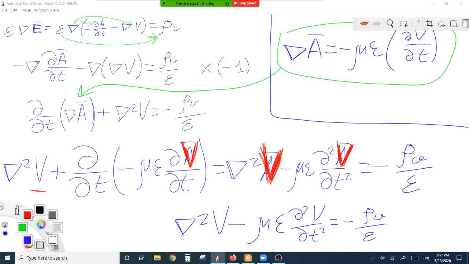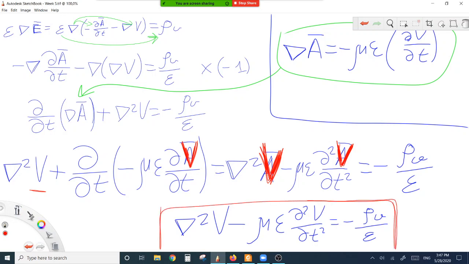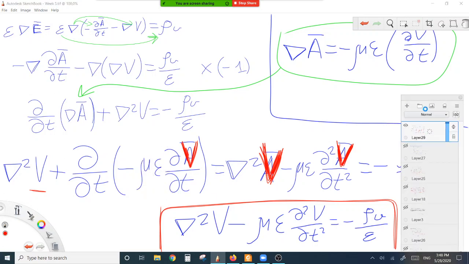Finally, we derived the wave equation in terms of the electric scalar potential V. Let me write on the new page.